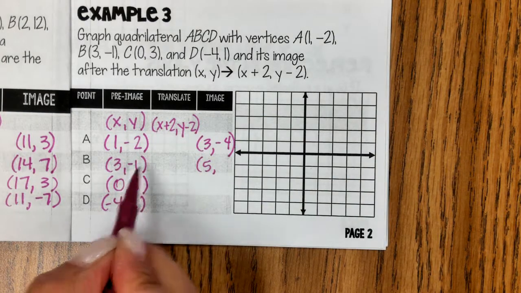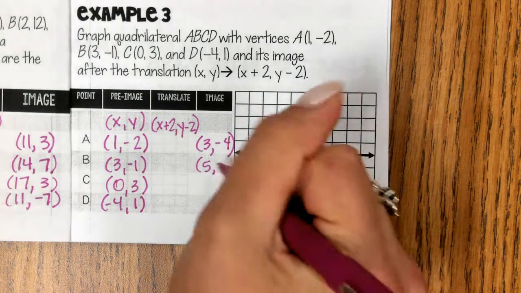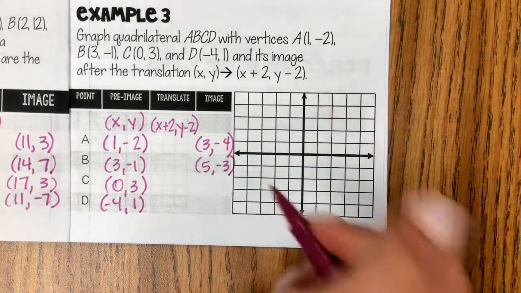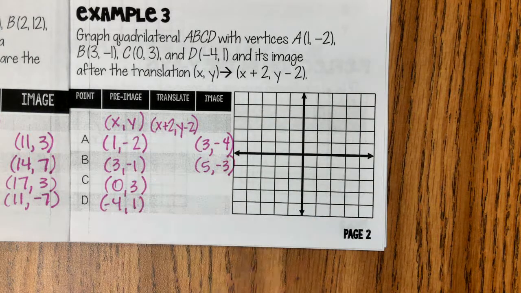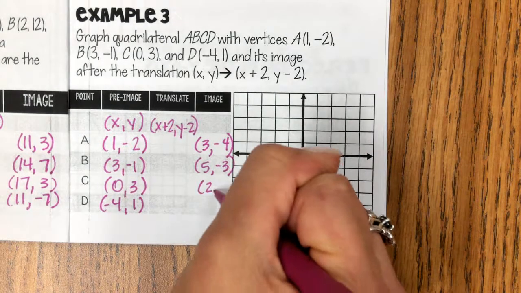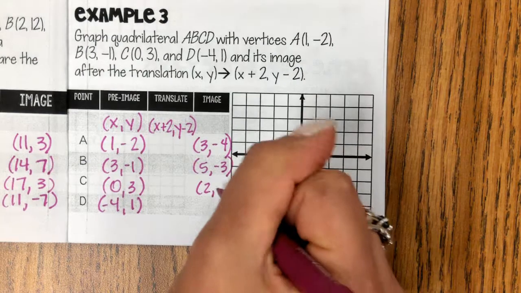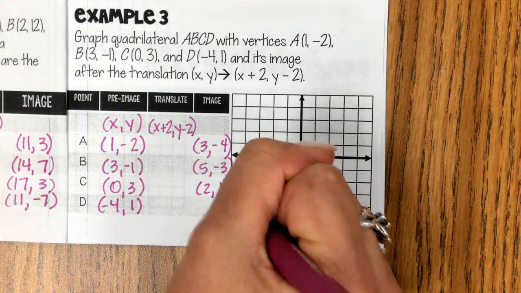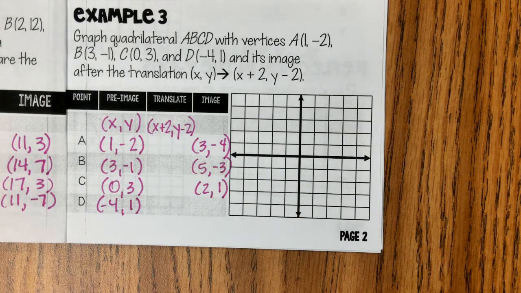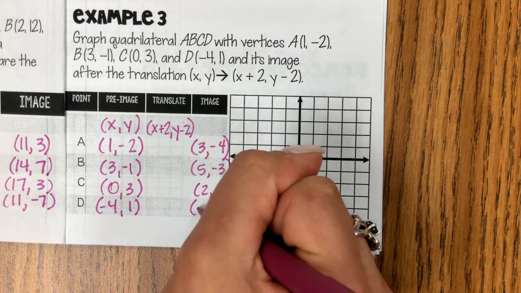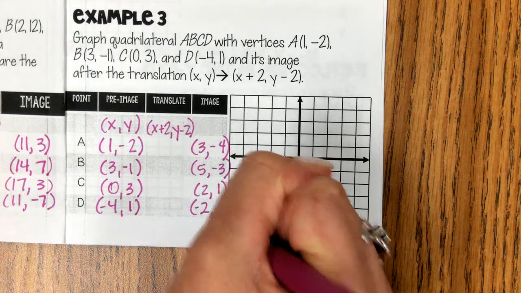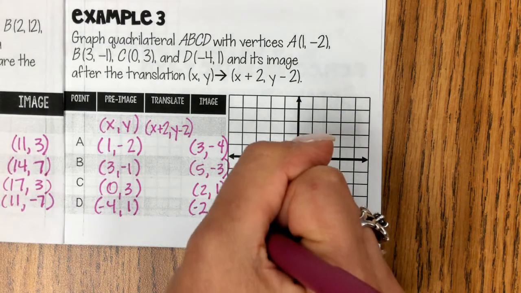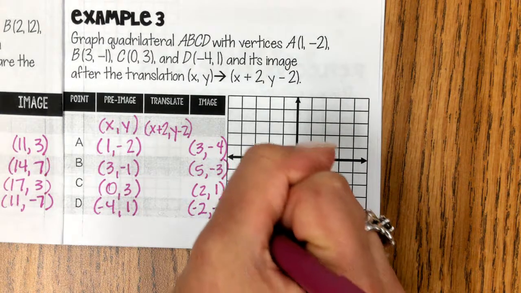And negative 1 minus 2. Negative 3. Very good. Okay. 0 plus 2. 2. 3 minus 2. 1. Good. And then negative 4 plus 2. Negative 2. And then 1 minus 2 is negative 1.